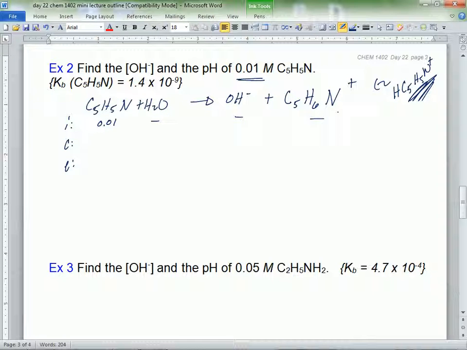Now, is there a compound, Gabby, that we can just put dashes all the way down for in this table? Which one? H2O. And it's a really good idea to do that because you're going to be really tempted to put an X or something in there. So just put dashes all the way down because it doesn't show up, right? Concentration is constant. So Danny, how would you finish this table out?